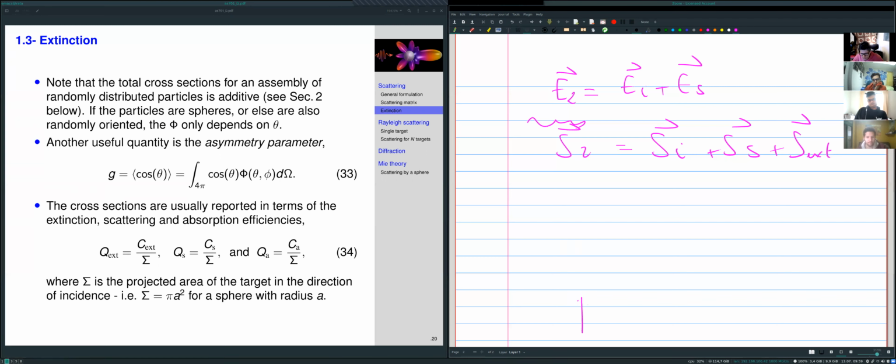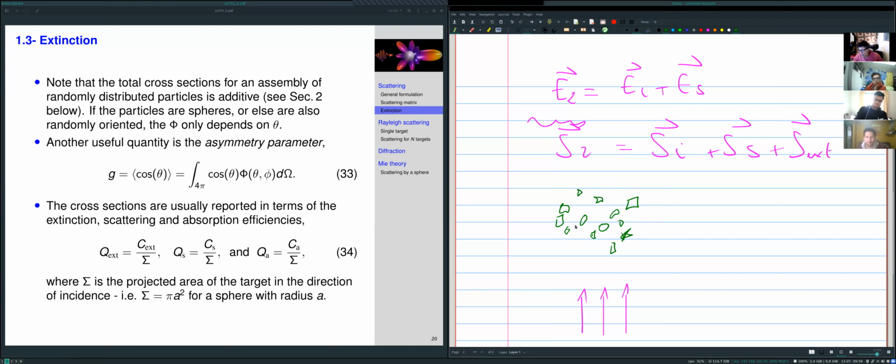We have this incident field, and that would be the assembly of particles which are of variable shapes. So I'm placing whatever shape. The point here is that they're well mixed, and it's a homogeneous average.